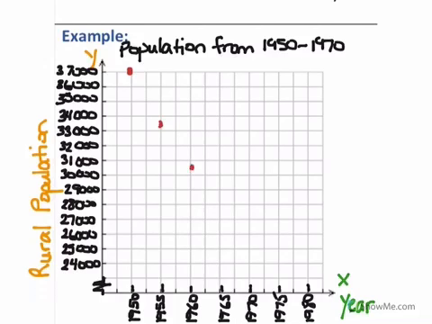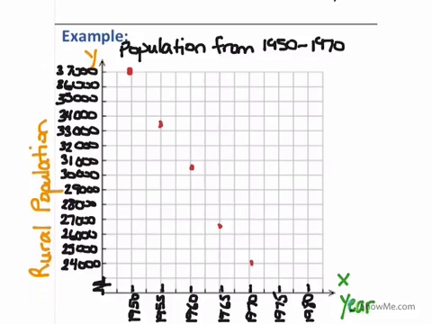And 1965 is 26,500, and then 1970 is 24,000. There we go.